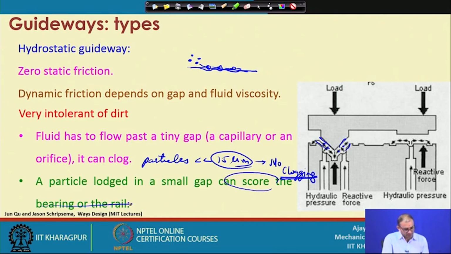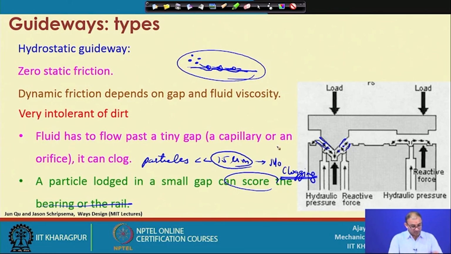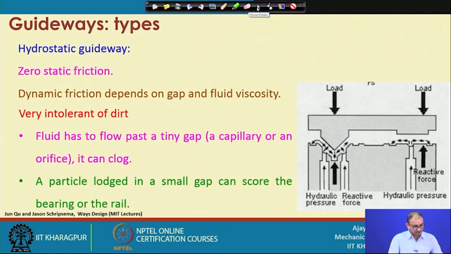Once the scoring of the rail is there, gap maintenance is very difficult, because now you have uneven surfaces, and whatever calculation you have done with respect to load and hydraulic pressure, how to maintain both, that calculation no longer applies, because your surface is now different from the original design surface. So, this is the problem. Your filtering process should be very strictly monitored, otherwise problems will occur at some stage.